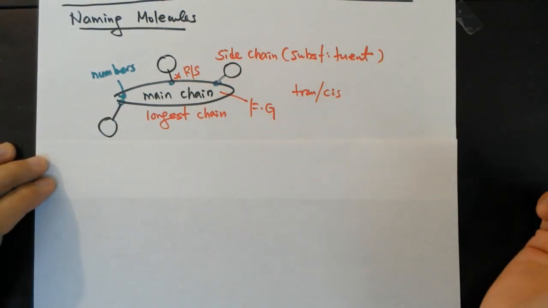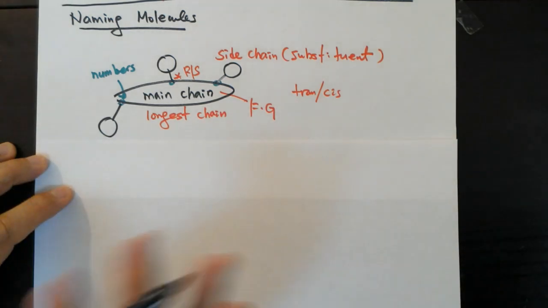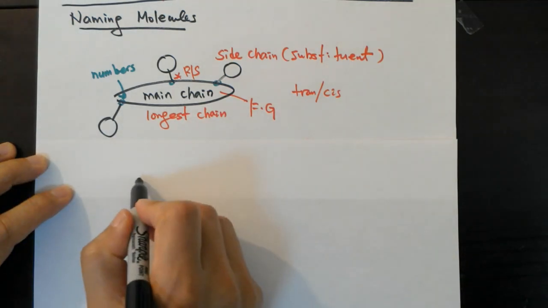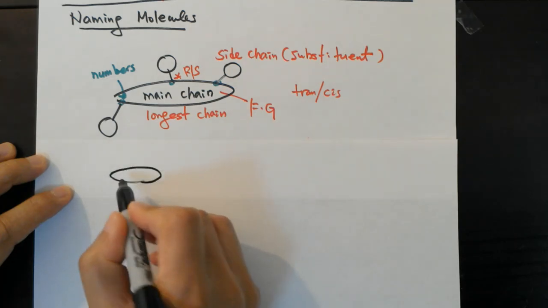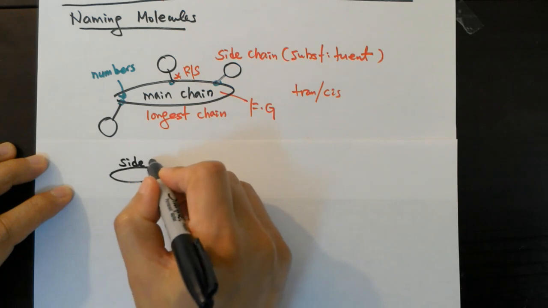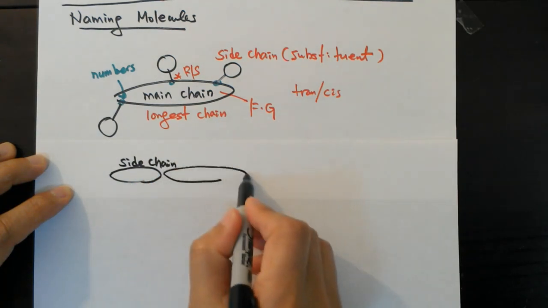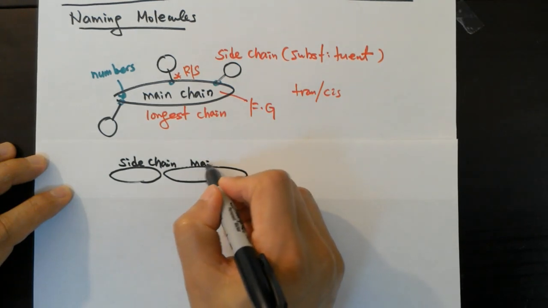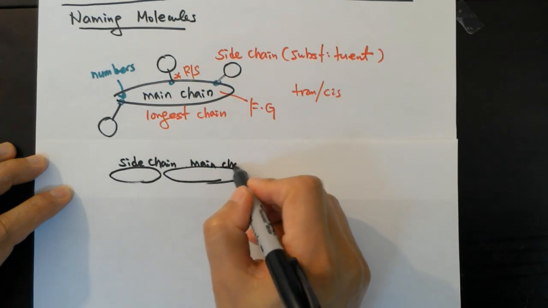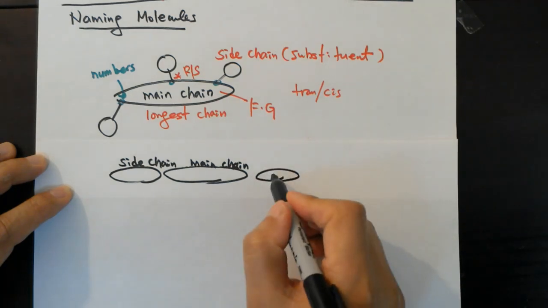Like a human name has family name and first name, you can roughly say the naming for the compound consists of information about side chain, then information about main chain, then you give information about functional group.